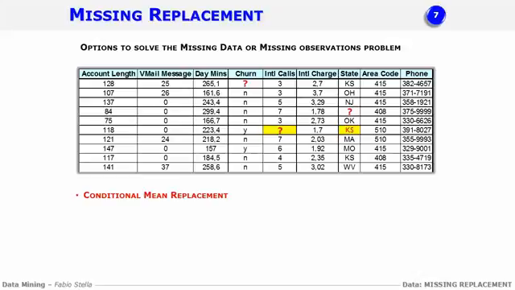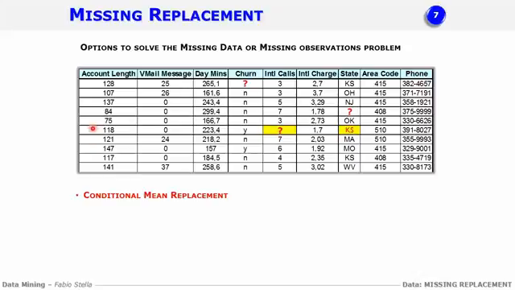To show how conditional mean replacement works, we focus again our attention on the int calls attribute, whose sixth record is associated with a missing value. We also make the assumption that the int calls attribute has some dependence on the state attribute. This can be due to some a priori knowledge from the expert. Then we proceed as follows.